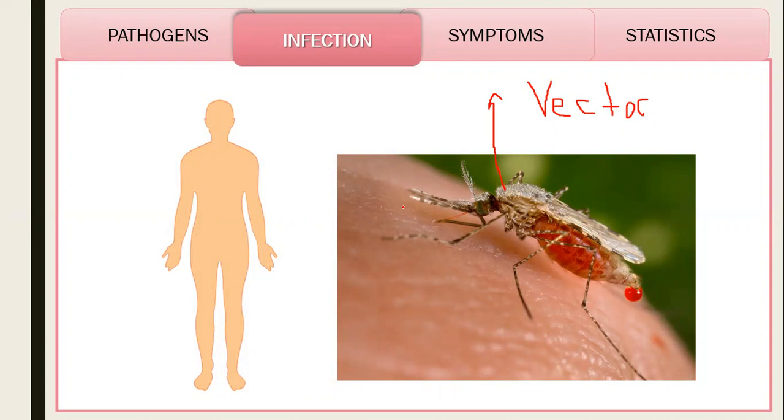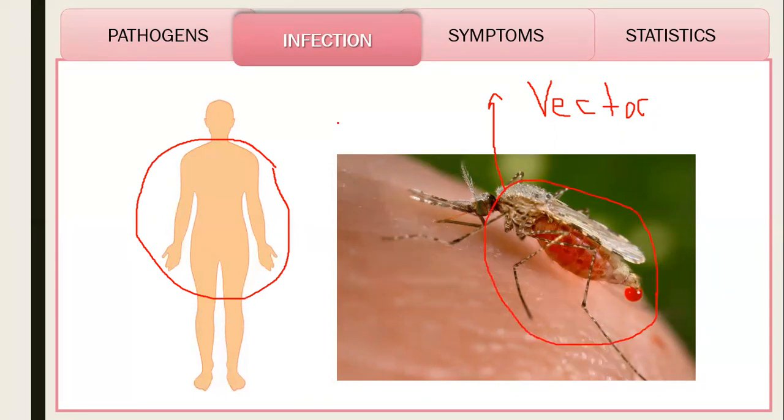Especially, pathogens need mosquitoes because in this host the pathogens reproduce sexually. But there's also another host, which is the human body. They also need this host because in the human body they reproduce asexually. So Plasmodium has two hosts.